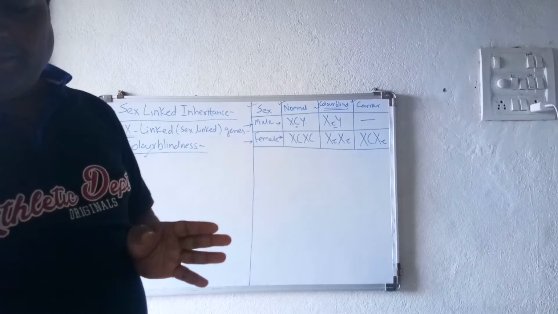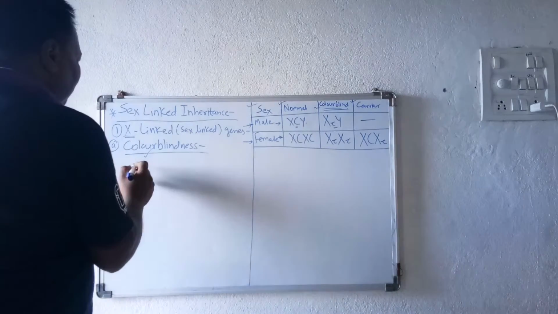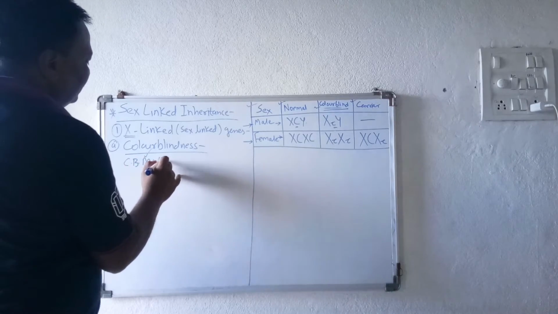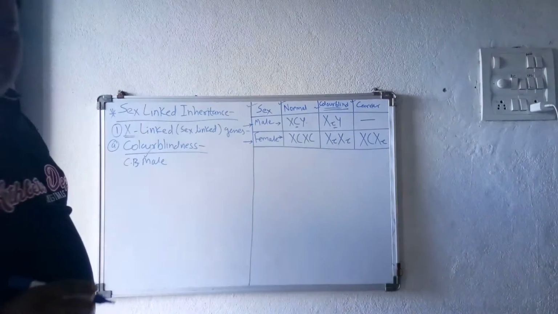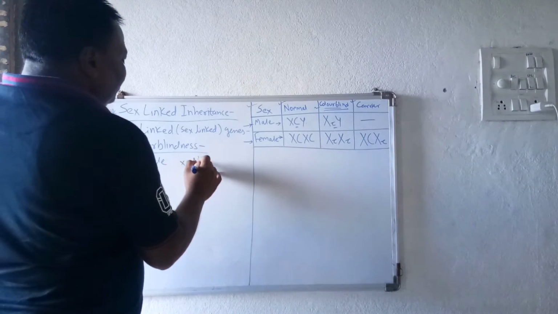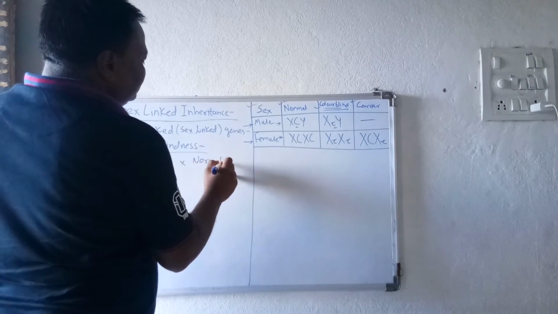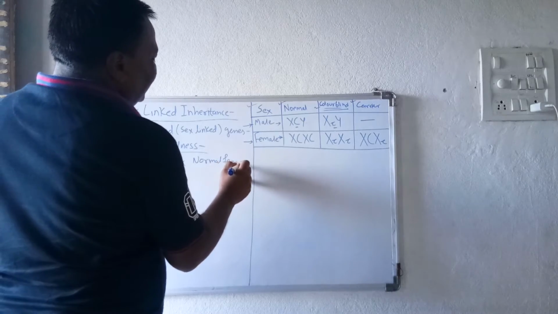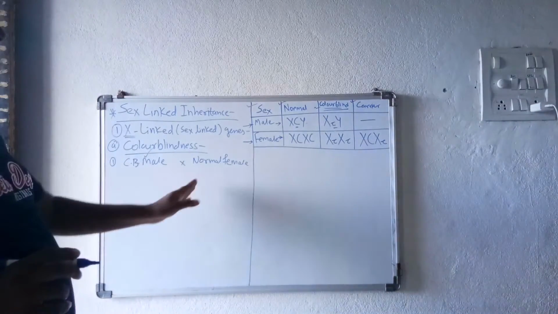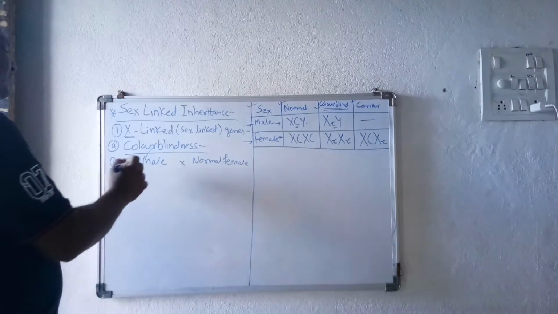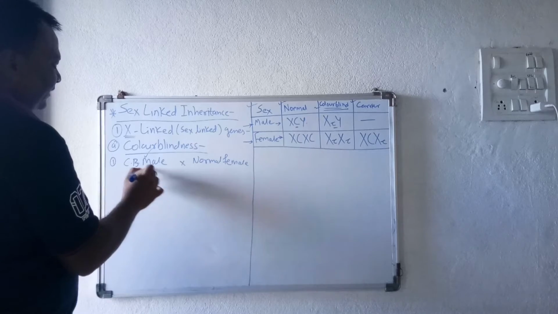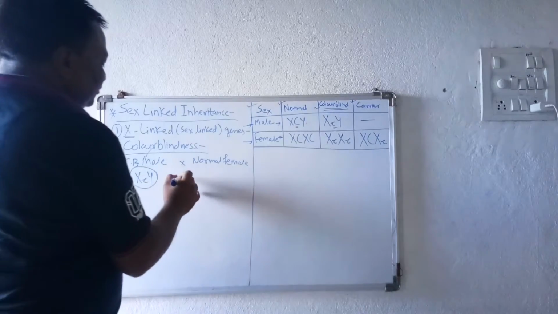So if we bring about a marriage between this color blind male, right? This color blind male marries with this normal female. So in that first cross, if this color blind individual marries with the normal female, we know the color blind male has capital X, small c, capital Y type of genotype.